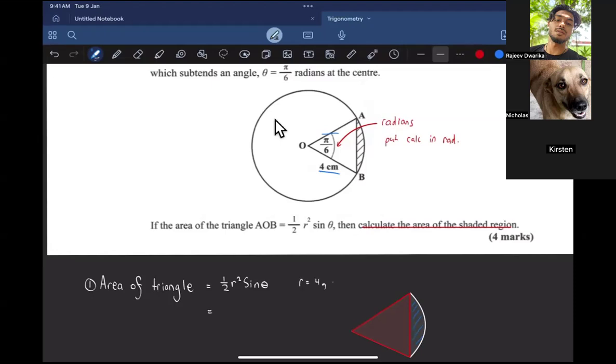And we know that the angle theta is pi over 6. We're just going to plug this into the calculator using r equal to 4 and theta equal to pi over 6. And the answer you're supposed to get is 16.